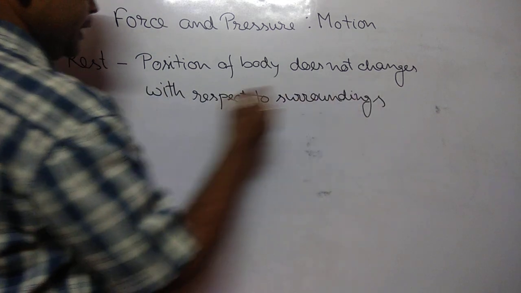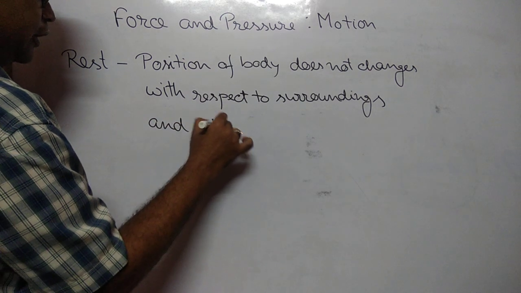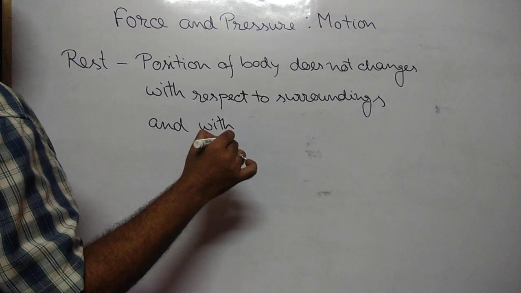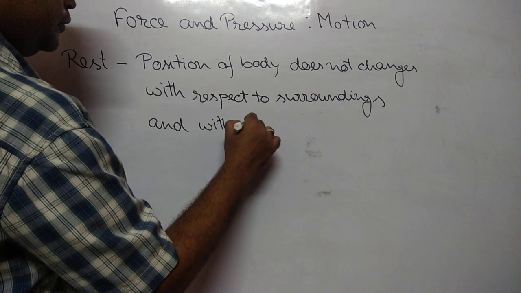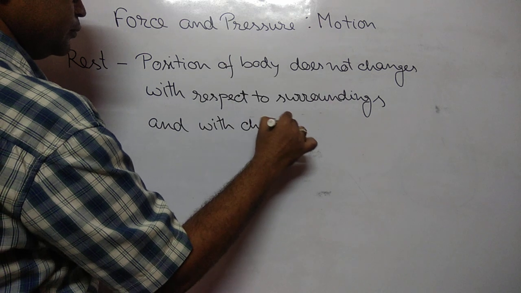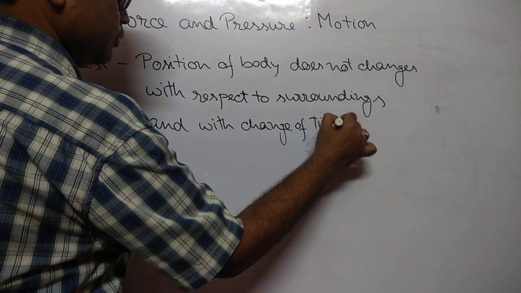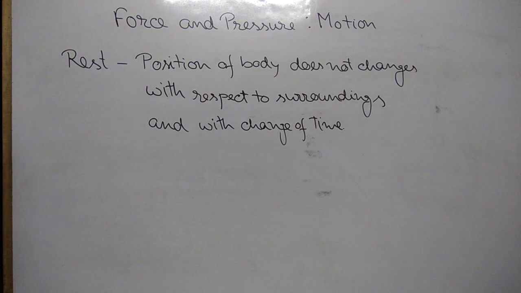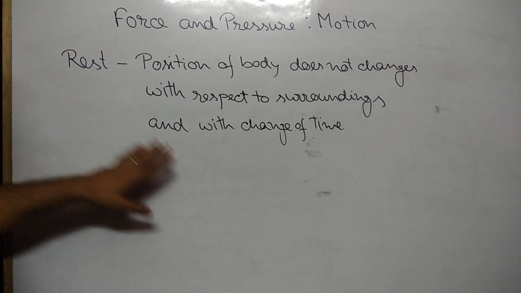Surroundings and with change of time. Remember, this is not the exact definition, this is only for your understanding. So see, in this case the position of a body does not change with respect to surrounding and with change of time.